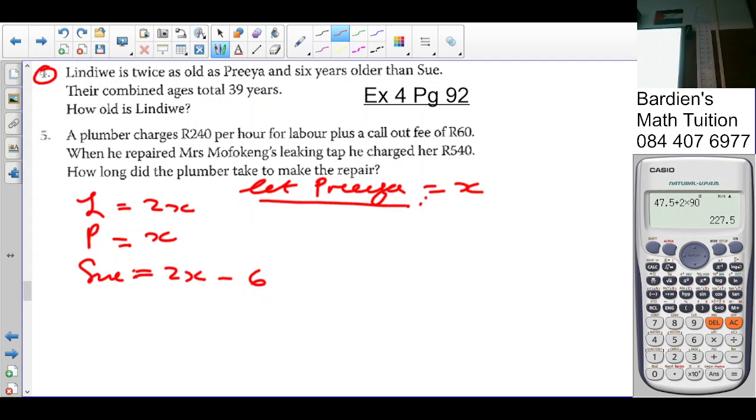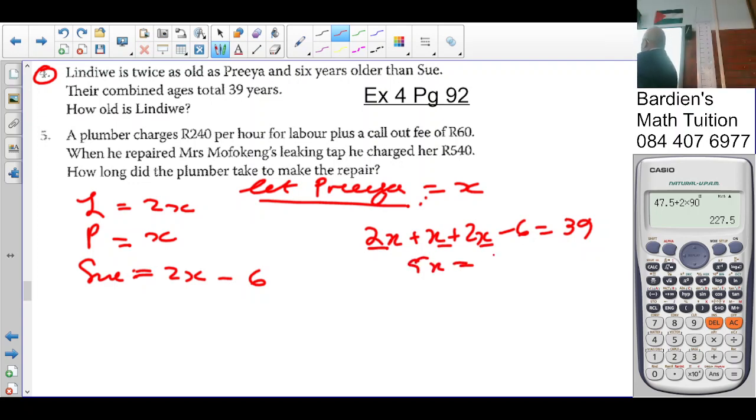Their combined ages total 39 years. Which means 2x plus x plus 2x minus 6 is equal to 39. So that's 5x is equal to 39 plus 6, which is 45. Divided by 5 gives you 9.